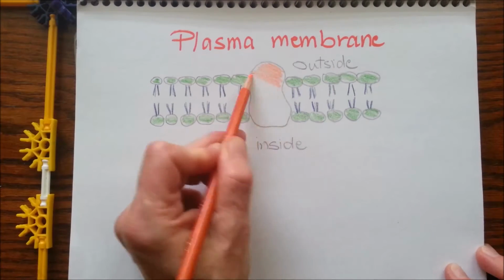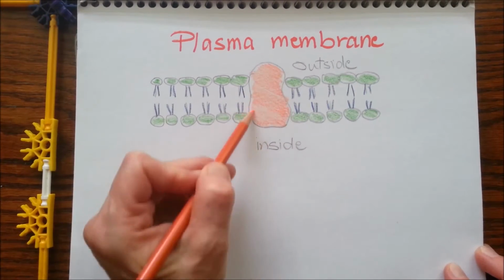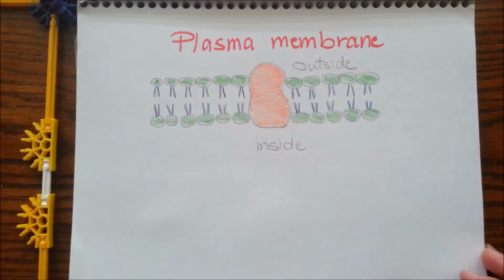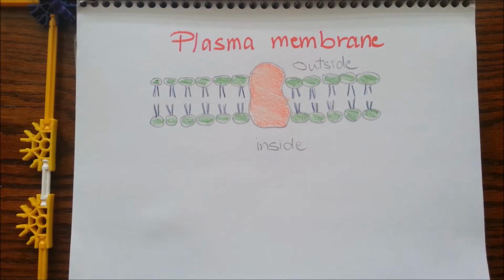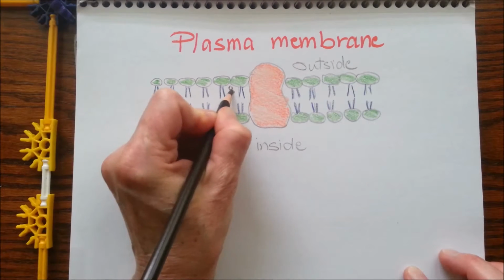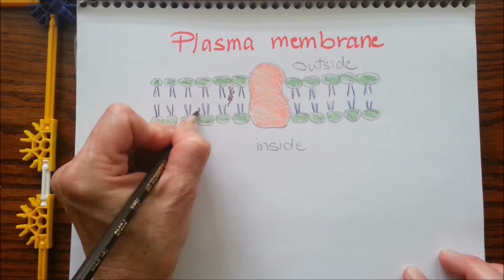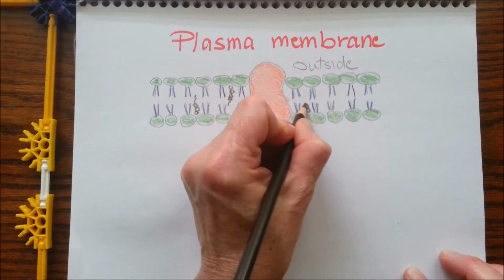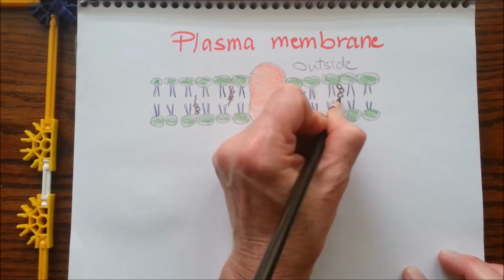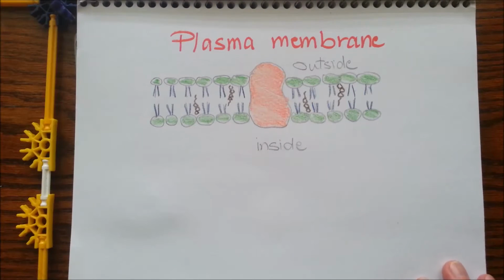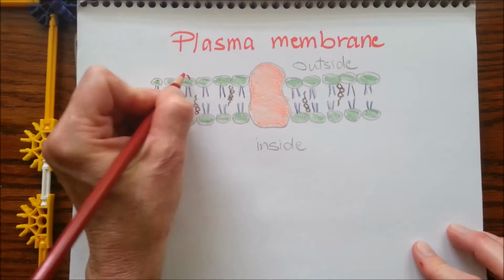The big blob over there is a protein molecule, a channel molecule that lets different materials go in and out of the cell. What I'm drawing are the cholesterol molecules in the cell membrane, which act as stabilizers.